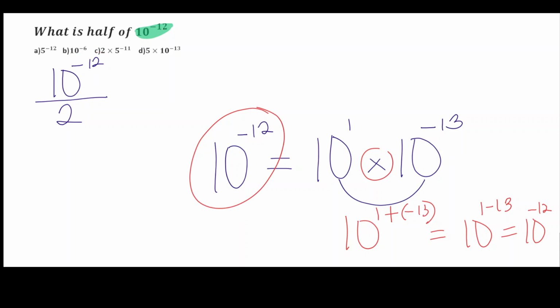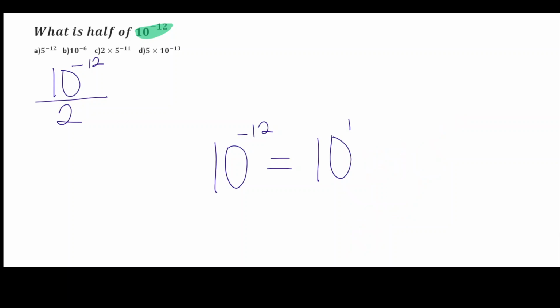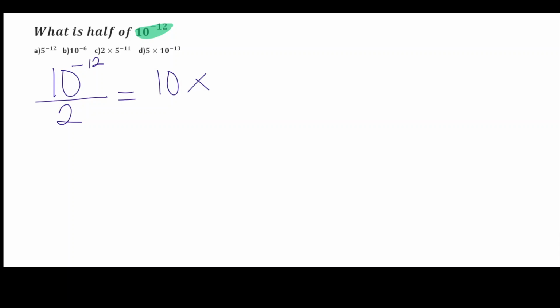So let's quickly get that done. We already know that 10 to the power of negative 12 can be written as 10 to the power of 1 multiplied by 10 to the power of negative 13. So that is what I'm going to be doing now. Which is going to be equal to 10 times 10 to the power of negative 13 divided by 2.